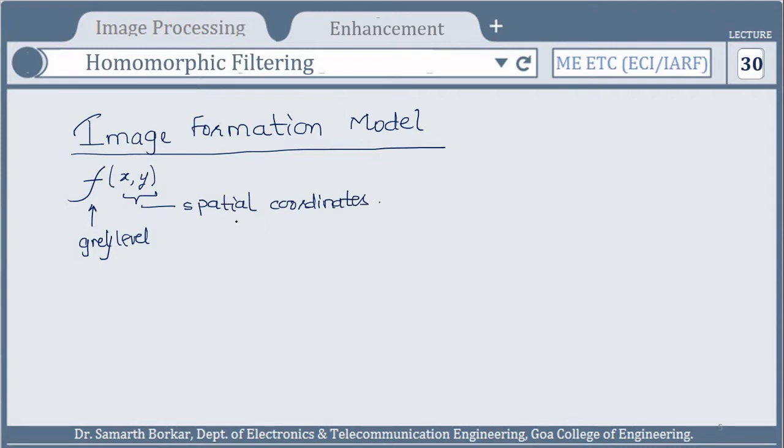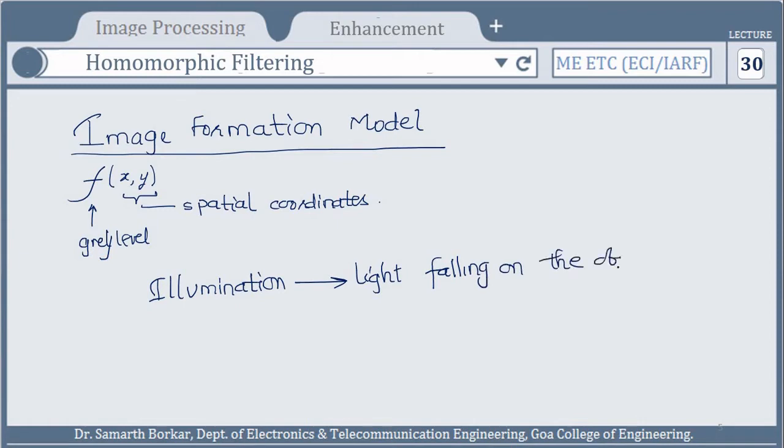Now the images that we see are formed due to the fact that there is some amount of light falling on the object and some amount of light reflecting from the object. The light falling on the object is referred to as illumination. We have another term associated, that is reflectance.